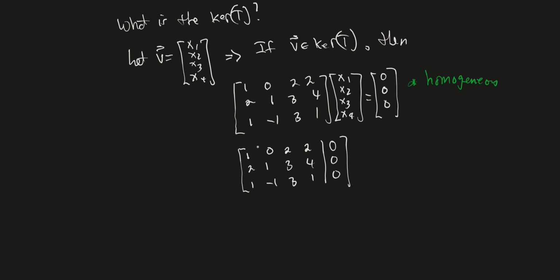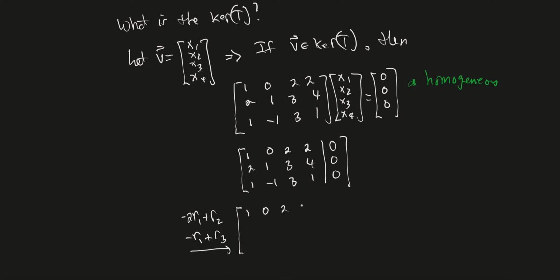We have to put this in echelon form. That echelon form tells us so much information about the matrix, whether it's square or otherwise. So let's try to eliminate some entries. I'm starting with the pivot of 1. I'm going to take negative 2 times row 1 added to row 2, and then negative row 1 added to row 3. That will eliminate the 2 and the 1 in that first column.